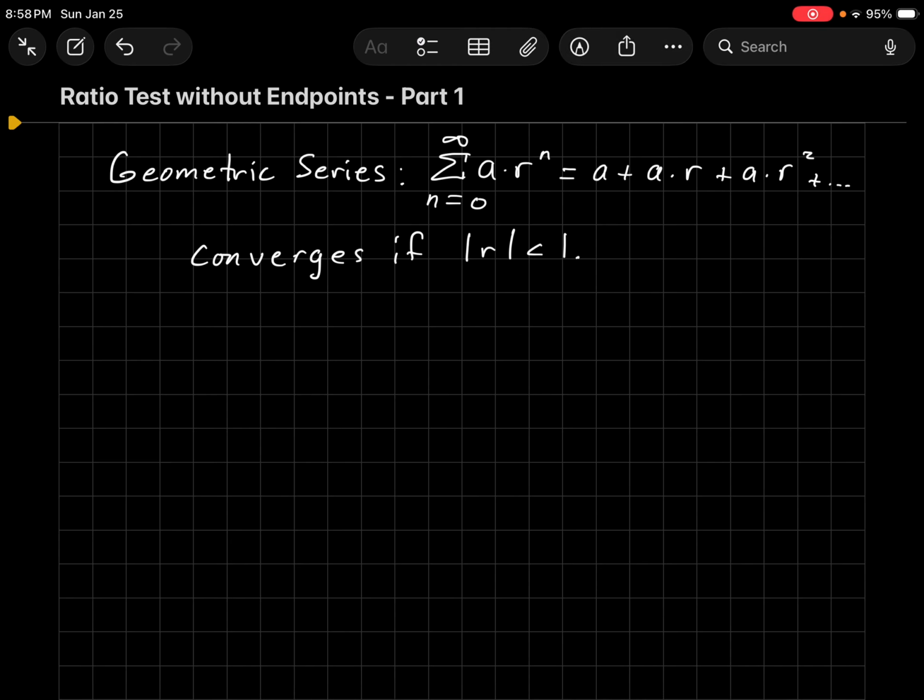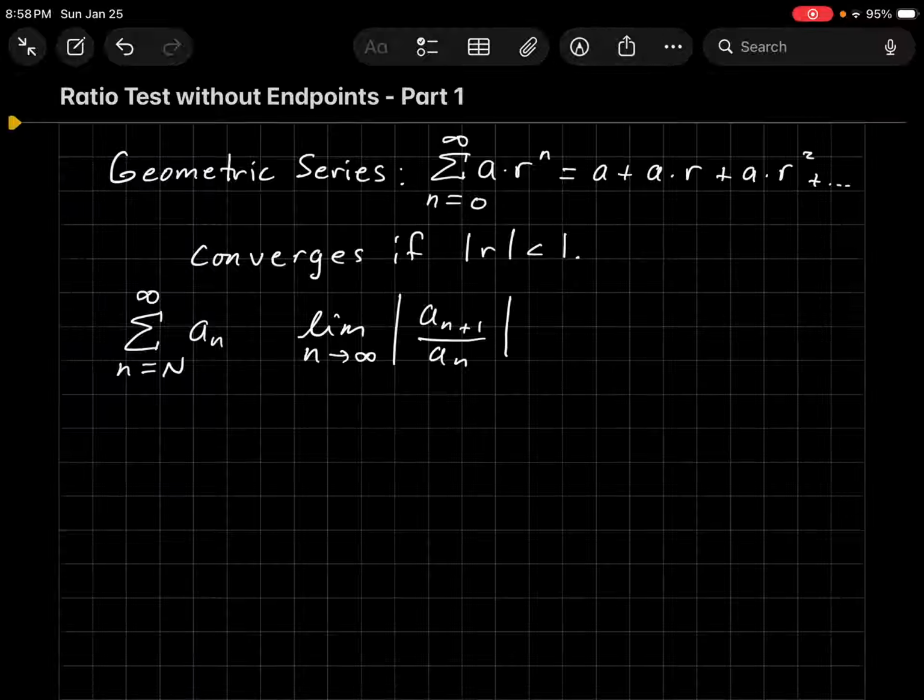Let's consider a different series that's not necessarily geometric, but perhaps way out at infinity, this series does have a ratio.